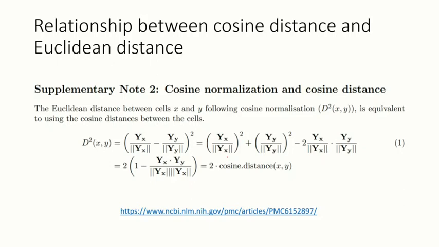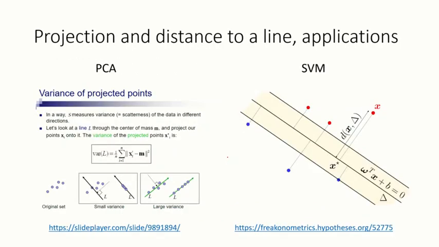So this is a kind of formula between them. You see a lot of terms like this vector x divided by the norm, which basically drags it back to the unit circle. Once you do that, the Euclidean distance is the same as 2 times the cosine distance. So we are going to use this projection technology in PCA.